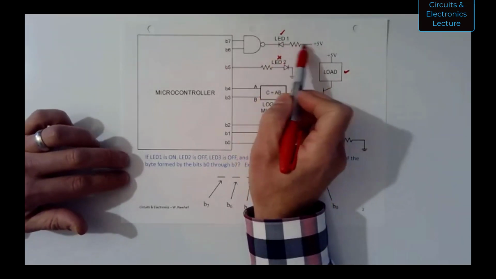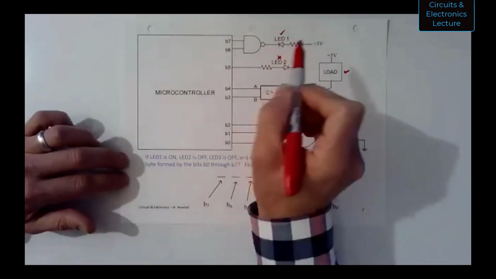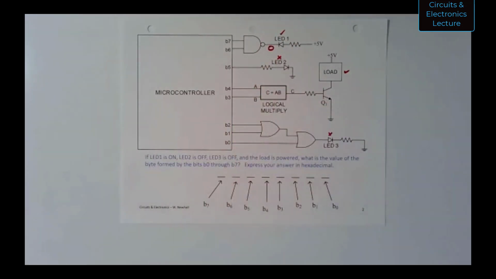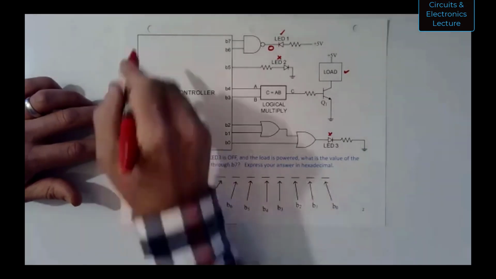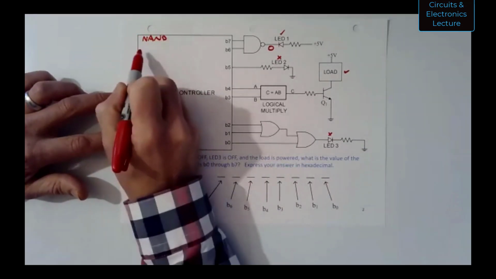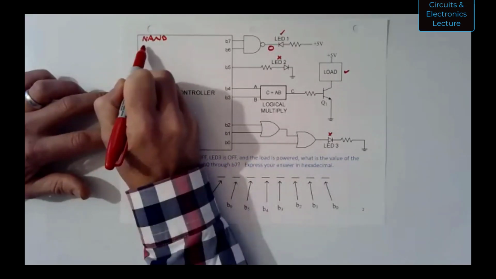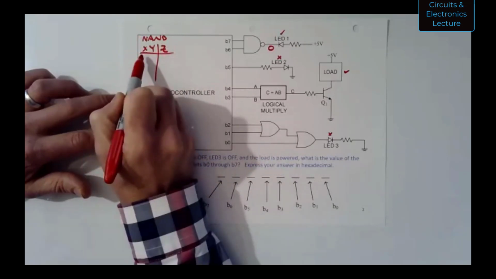Okay, so I want LED 1 to be on, so that means I need a logical 0 at the output of that NAND gate, right? So a NAND gate, if I write NAND over here, and draw my truth table, I'm going to do X, Y, and Z, just to make it easy to write.